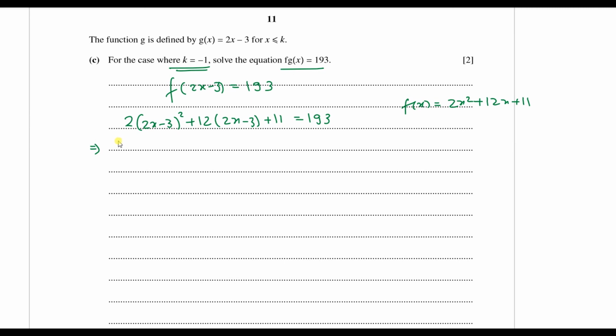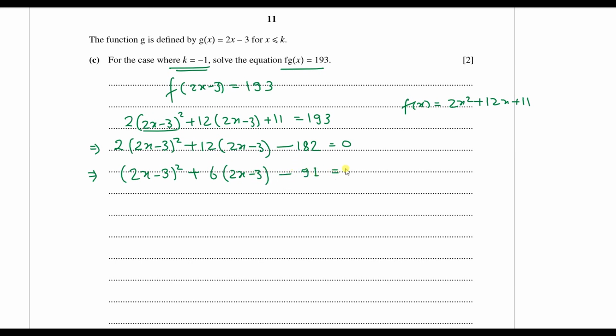I think we can simply solve with the help of a quadratic in 2x - 3. It would be better: (2x - 3)² plus 12(2x - 3) minus 193 minus 11. 11 minus 193 is minus 182, or we can divide by 2 and we will get (2x - 3)² plus 6 times (2x - 3) minus 91 is equal to 0.